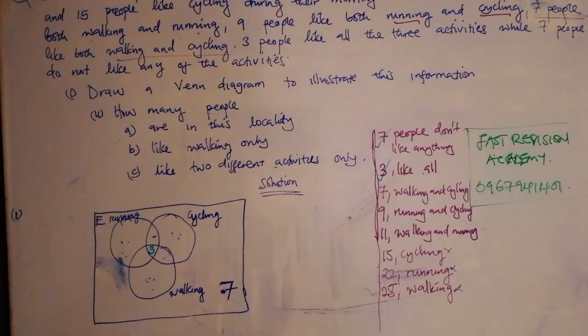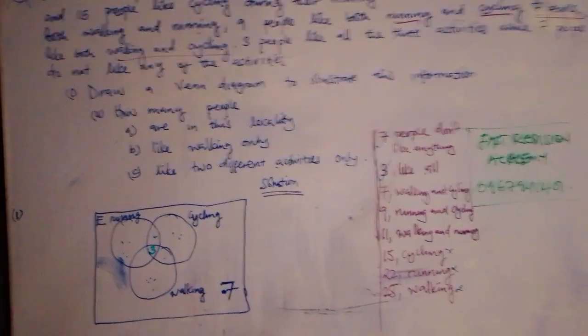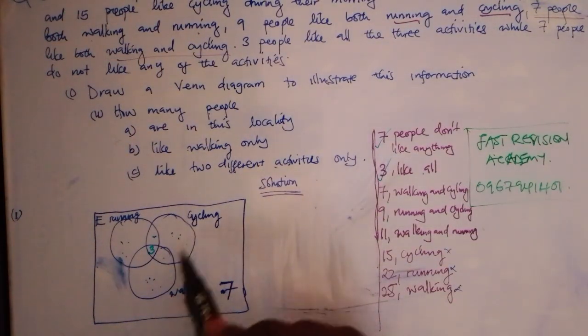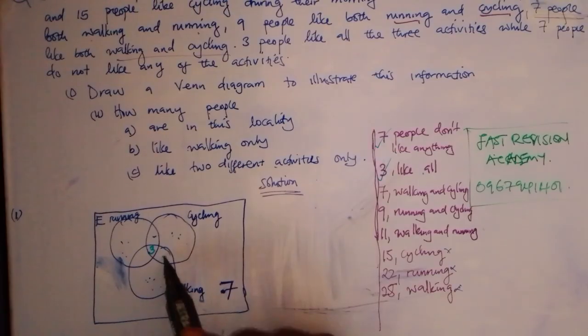Next, you are going to those people who were liking 2 things. So we'll start by walking and cycling. So walking and cycling is what? This part.